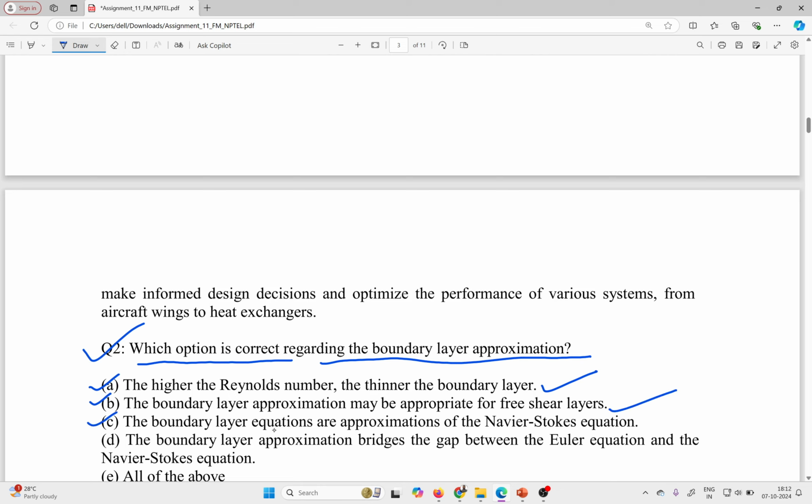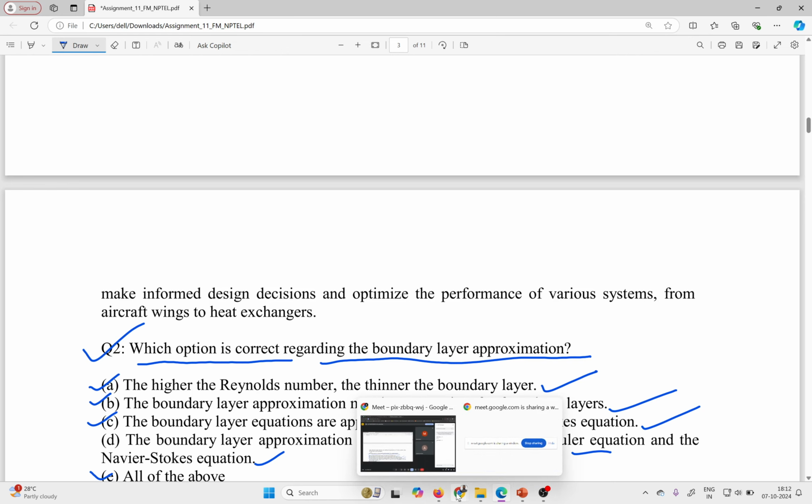Option C, the boundary layer equations are an approximation of the Navier-Stokes equations. Option D, the boundary layer approximation bridges the gap between the Euler equations and the Navier-Stokes equations. And option E, all of the above. Are all options correct or not? Which option is correct? Please try to give your answer in the chat box.